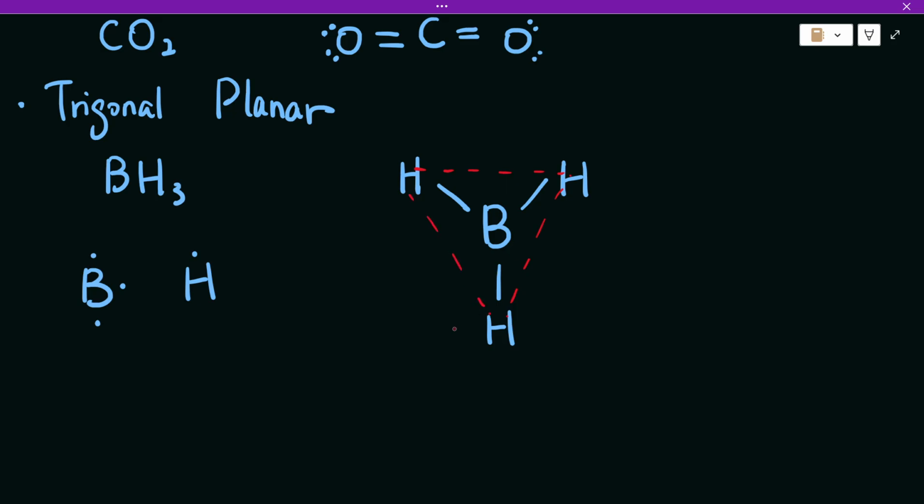And all these 3 hydrogen atoms are actually on the same plane as the central boron atom. That's why it's called trigonal planar. And the reason why the 3 hydrogen atoms locate like this is because they want to position as far away from each other as possible in this case.